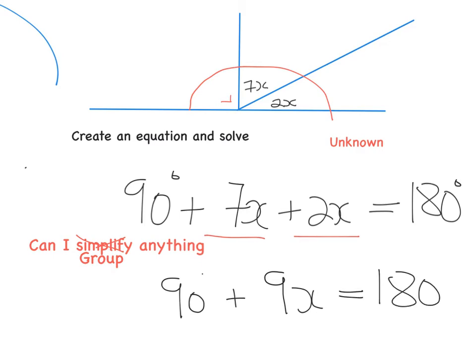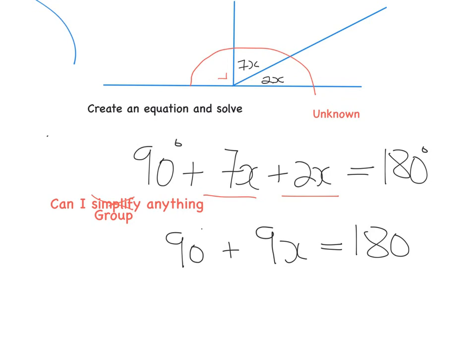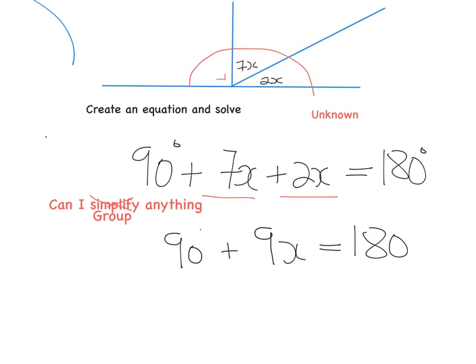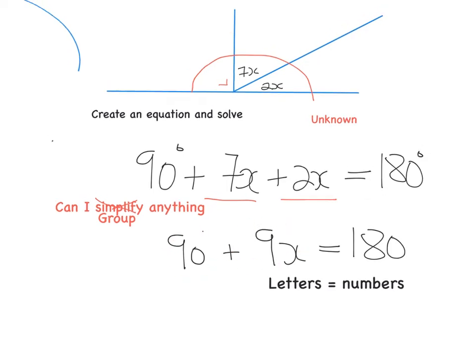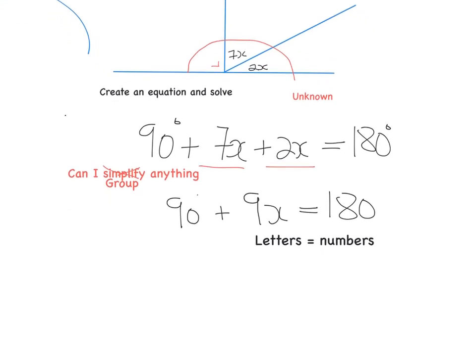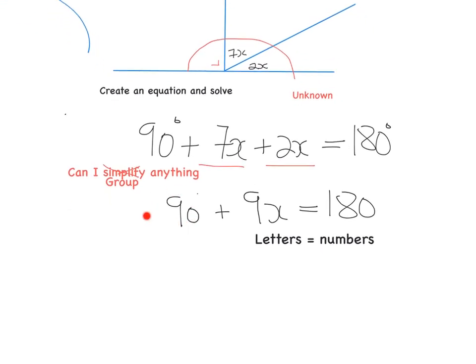At this point, first years, I'm going back to the very start of algebra, solving equations, when I follow the method of letters equal numbers. On this side of the equals, I just want letters, and on this side of the equals, I would like the numbers. So if I have 90 degrees plus 9x equals 180, I can spot that the number 90 is on the wrong side.